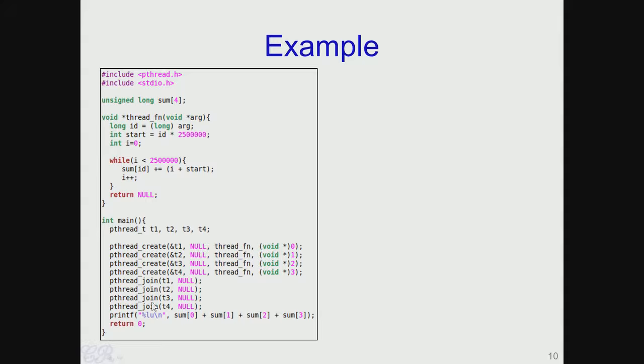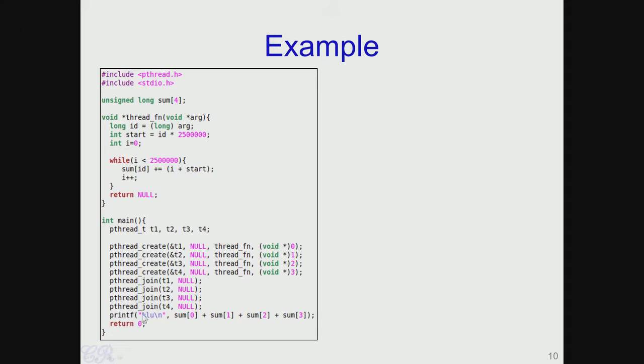So, in this way, all 4 join functions on completing will indicate that all the 4 threads have completed their execution. Then, after the 4 threads have exited, the elements of sum, which contain the partial sums of the 2.5 million numbers, are taken and added to get the final result, which is printed using the printf.